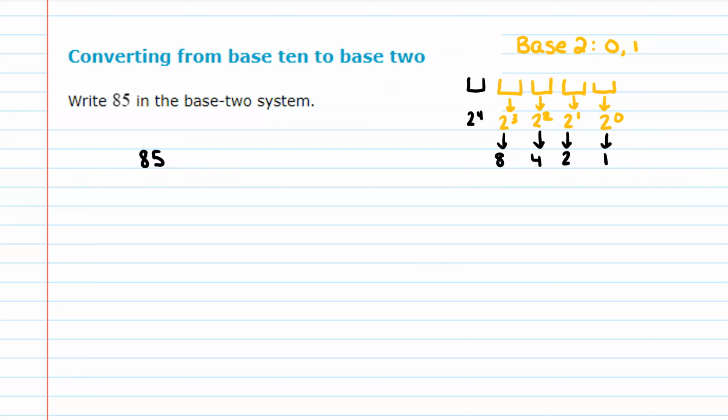2 to the fourth is 16. 2 to the fifth is 32. 2 to the sixth is 64. 2 to the seventh is 128. Now 128 is way bigger than 85, so I'm going to start here, but that's only based on what number you're starting with.